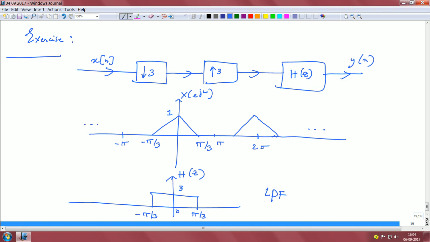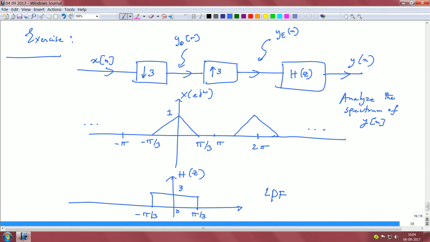It is a brick wall filter here, and I want you to analyze the spectrum of y[n]. Okay. I mean, you have to look at the interim points also. This is after decimation, this is after expansion followed by filtering.